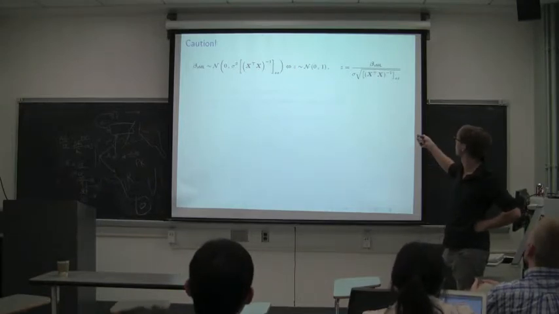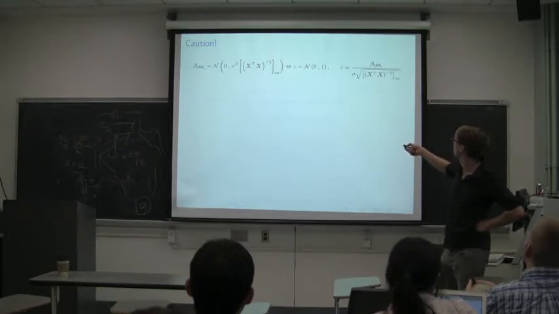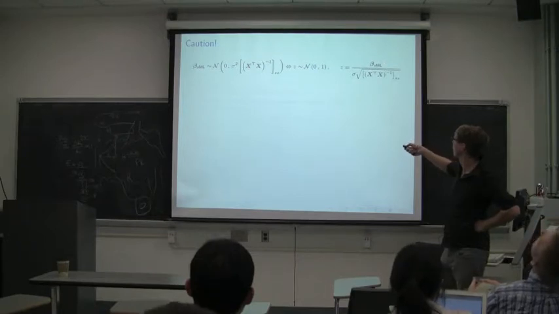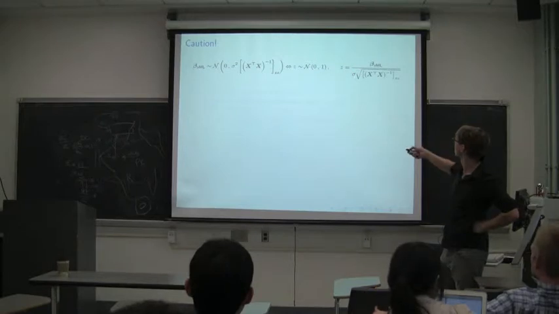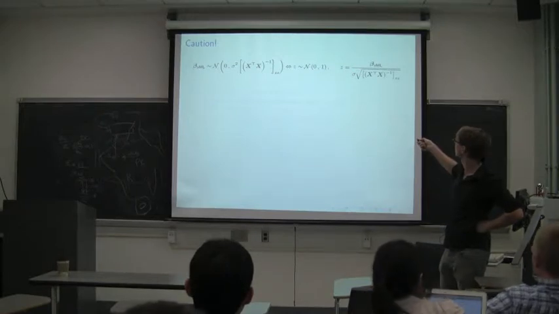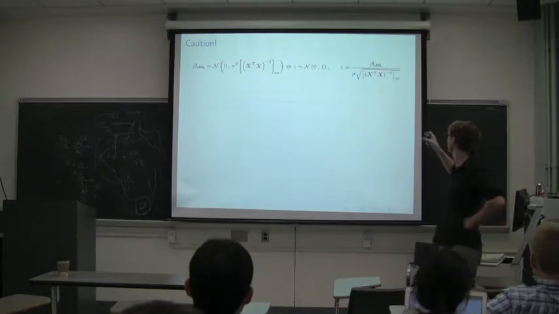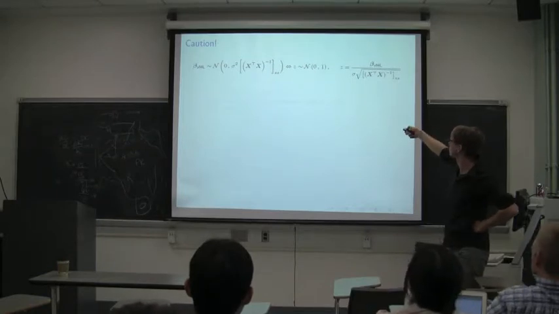We just used this transformation where we subtract the mean, which is zero, and divide by the standard deviation, the square root of the variance: the standard deviation of the data times the square root of that entry of (X transpose X) inverse. So this gives us something that is standard normal.